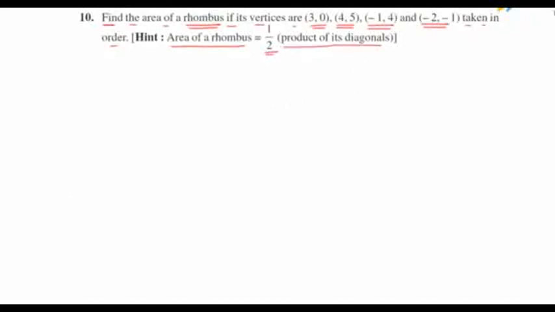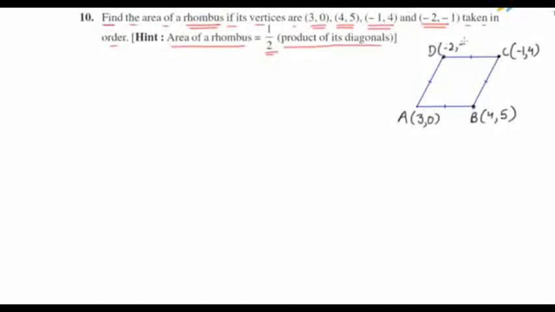That is, they have given a rhombus. Let's say this is point A, which is 3, 0. This is point B, which is 4, 5. This is point C, which is minus 1, 4. And this is point D, minus 2, minus 1.